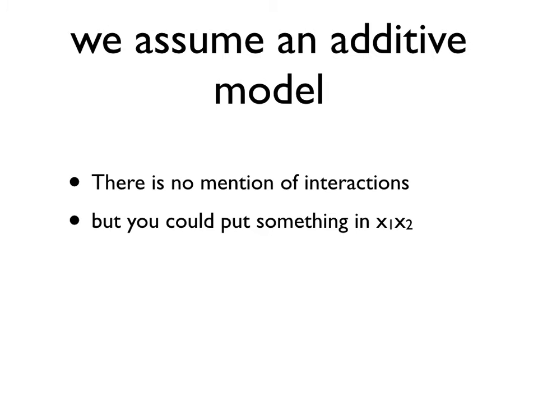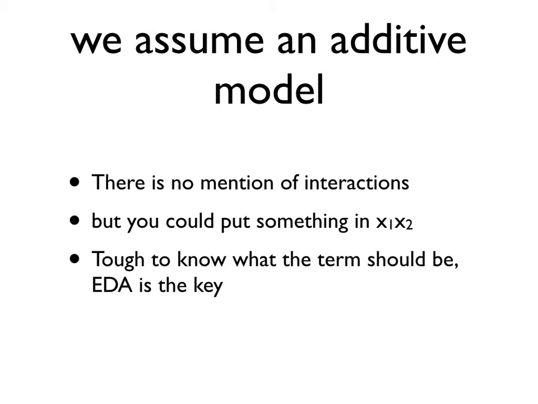Especially if you actually designed an experiment, say, with 2 levels of x1 and 2 levels of x2, you can certainly put in x1 times x2. There's nothing wrong with doing that. You typically don't, is all. It's really tough to know what this term should be. Let's say you have 5 variables.